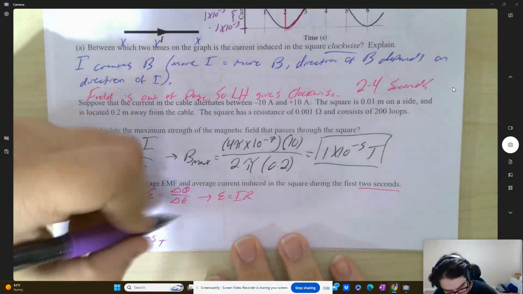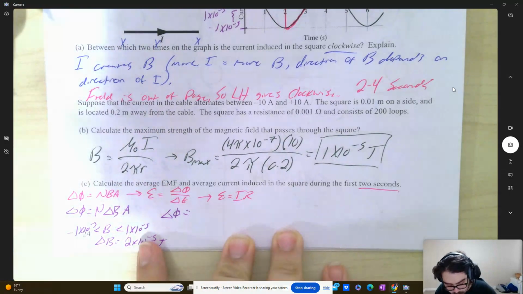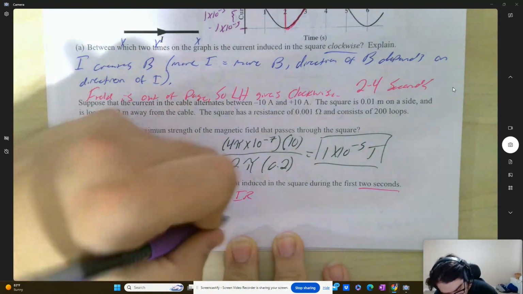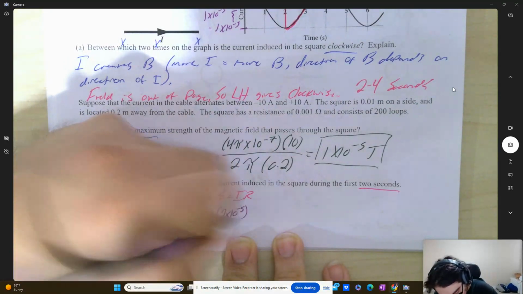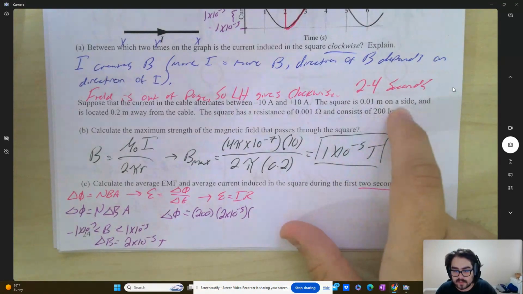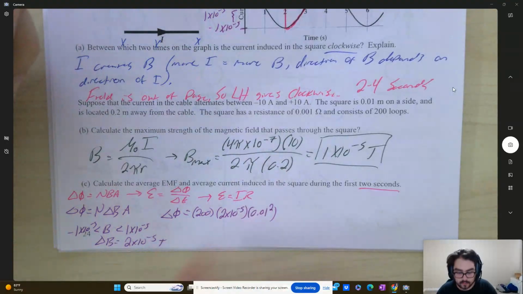So then we would plug that into the delta flux equation. N that we were given is 200 loops. Delta B is 2 times 10 to the negative fifth, and then the area, I believe it's 0.01 on one side, so we would just do 0.01 squared to get the total area.